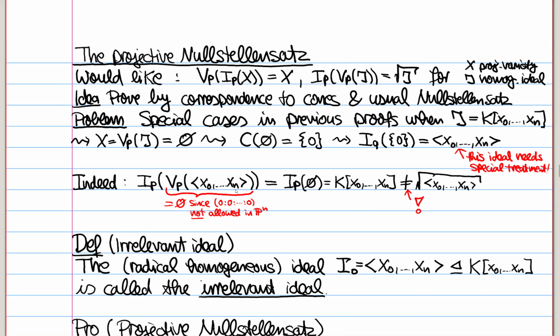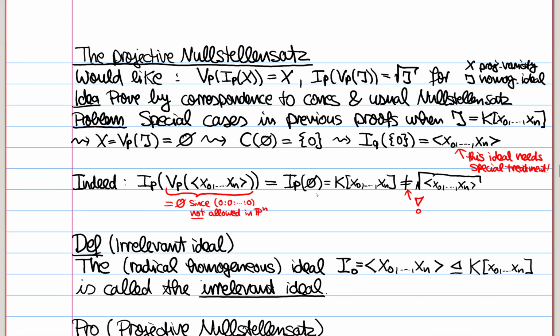Because you would have to look at all the points where all the coordinates vanish. And that's the one condition that we impose, that the points in projective space cannot be the 0 point. That's excluded. And so the only possible way to be in there would be the 0 point, but it's not actually a point of projective space. So this is the empty set.